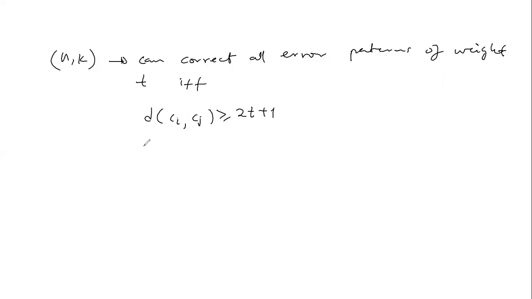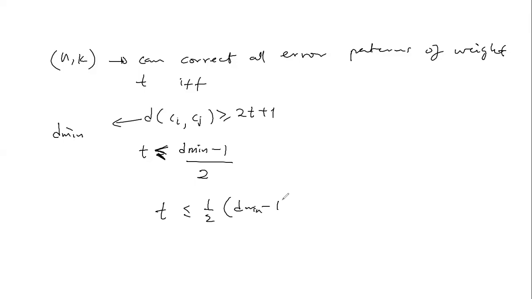Here, t will be the same as D min minus 1, divided by 2, so 2t plus 1 should be less than or equal to D min. If this reverses, we can also bring D min out as D min minus 1, so this is the minimum distance.